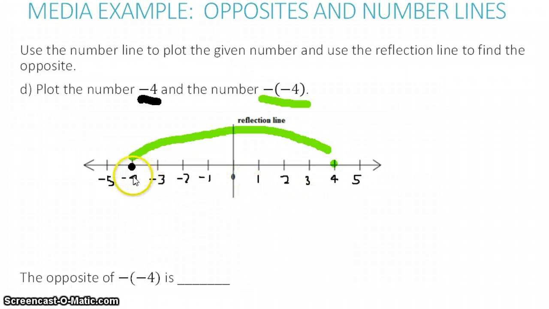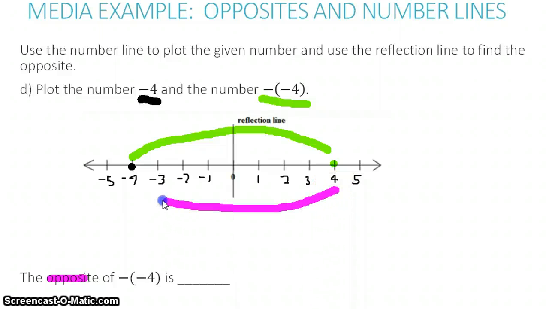So we have negative 4, the opposite of negative 4, and then our question asks us for the opposite of the opposite of negative 4. So let's use a different color. Well, this is the opposite of negative 4, so we need to take the opposite of this quantity, and I'm going to reflect underneath, and notice we get right back at negative 4.